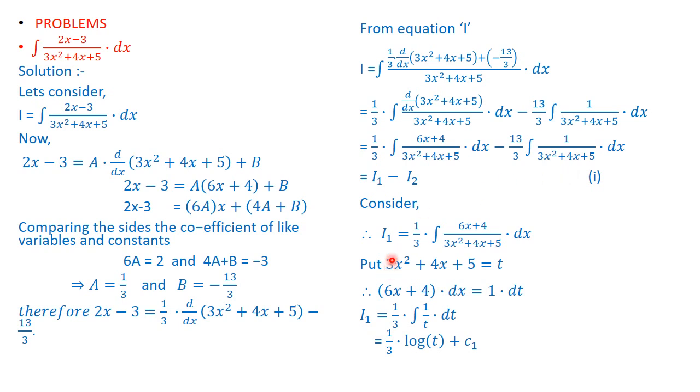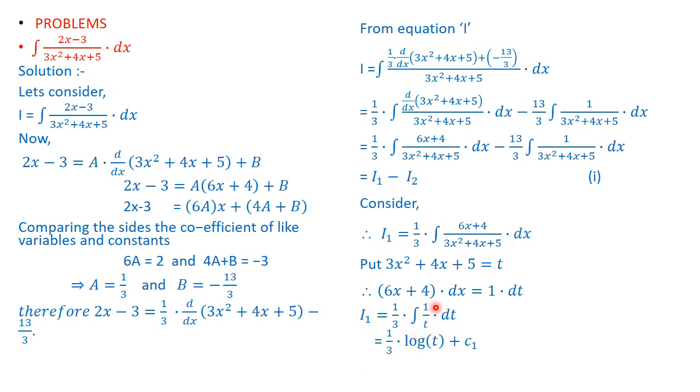Now let us have I1, 1 by 3 integration of (6x plus 4) over the denominator. Put 3x square plus 4x plus 5 equal to t, that is, (6x plus 4) dx is equal to dt. So I1 is equal to 1 by 3, substitution: this one is t and this one is dt.